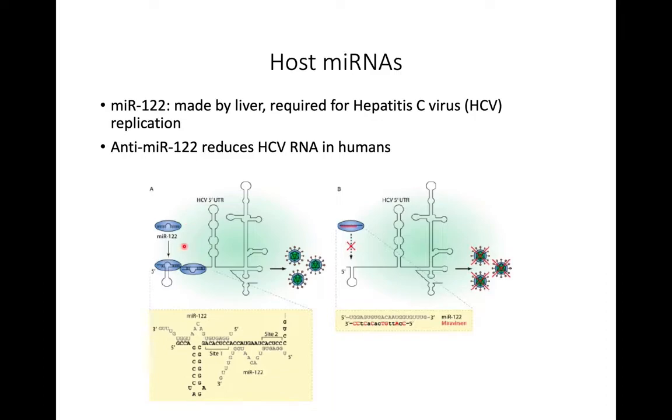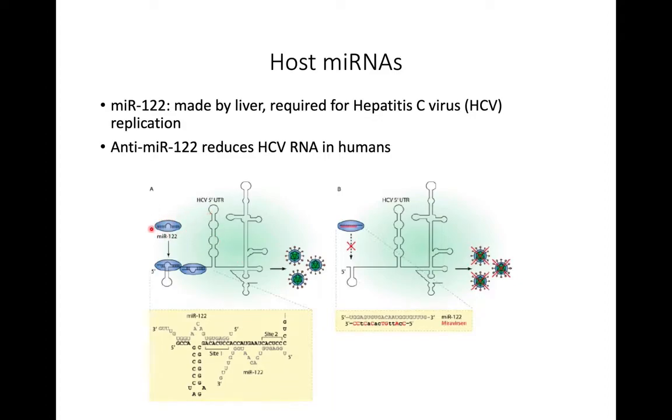So these two diagrams are showing us how this works. This whole structure here is the hepatitis C virus RNA genome. These structures are part of the tertiary structure of the 5' untranslated region of the genome, upstream of all of the genes.